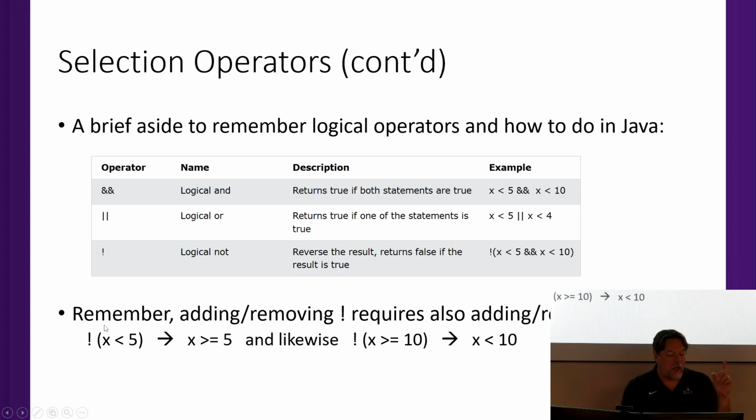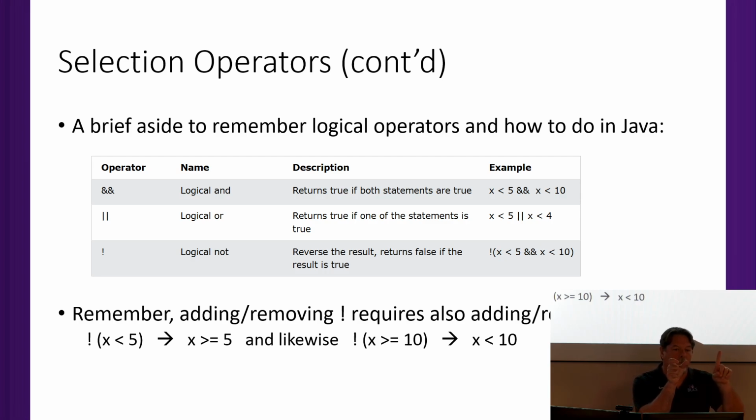All right, and then the point down here too bears mentioning. I guarantee about three-quarters of you won't be paying attention when I say this, and at some point you will do this bug in your code. This little line down here at the bottom: let's say I have this exclamation point, which means not, x is less than 5.